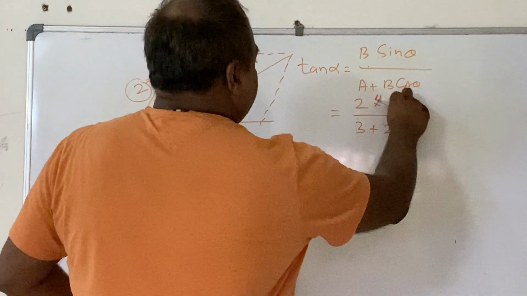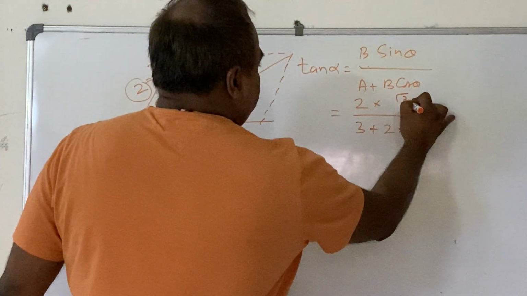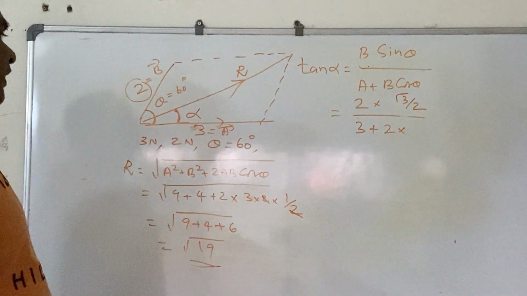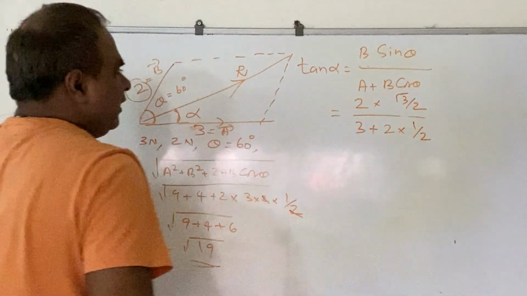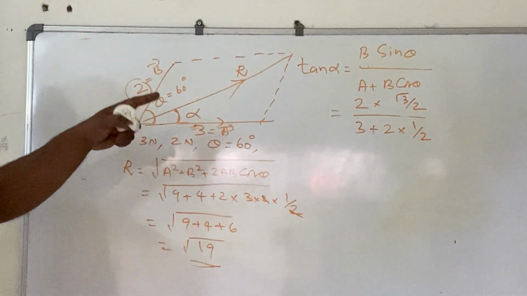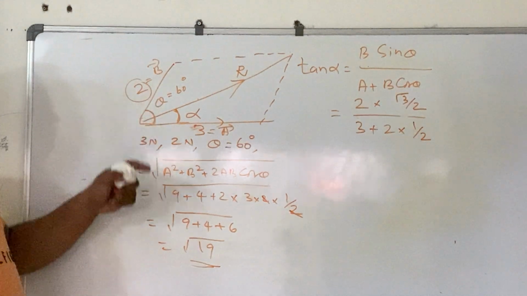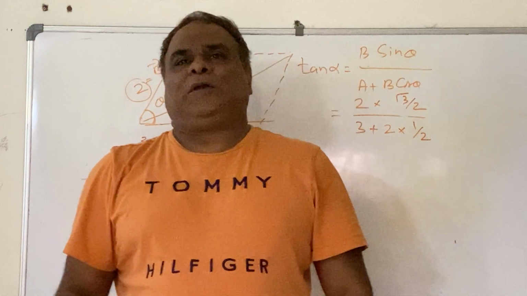Sin 60 is root 3 by 2. So 2 into root 3 by 2, plus a plus b cos theta. Cos theta means 2 into 1 by 2. Is it correct? B sin theta by a plus b cos theta. Sin 30 is 1 by 2, sin 60 root 3 by 2.